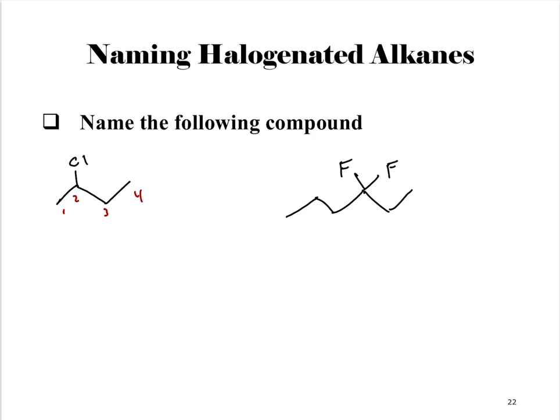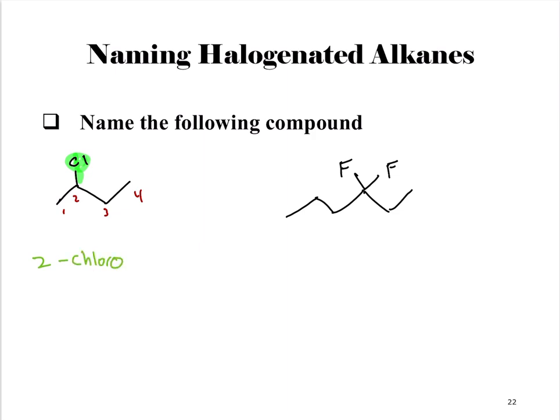The groups go before the name of the parent chain, and the numbers are separated from the letters by a dash, right? So what goes first then? Yep, it's going to be a 2. So that'll be 2, and then what's the chloro, right?